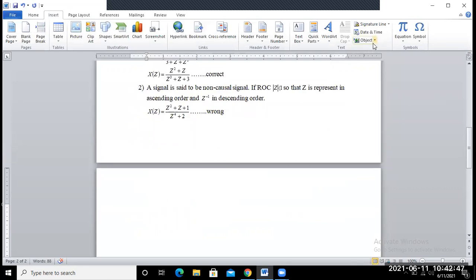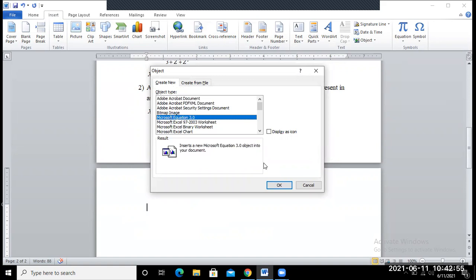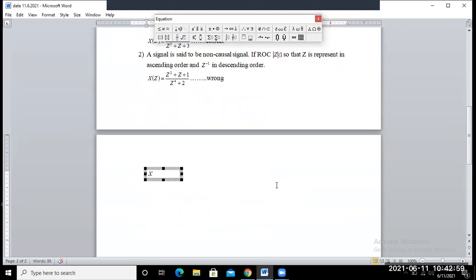So X(z) equal to 1 plus z square divided by 2 plus z to the power 4, and then use the long division method.